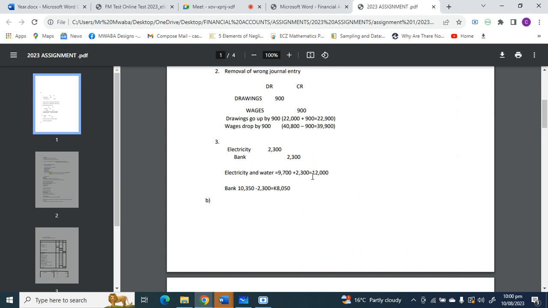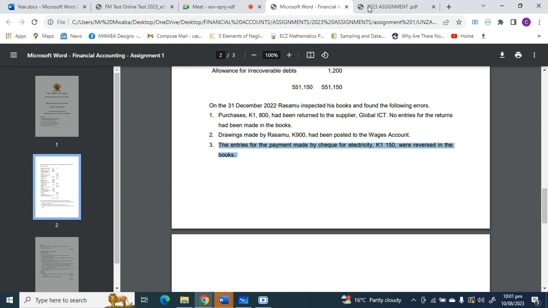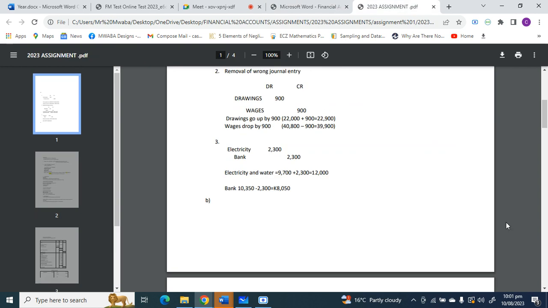So this is the new balance for electricity and water, and this is the new balance for bank. If there are any questions, feel free to ask before we go to the second part.